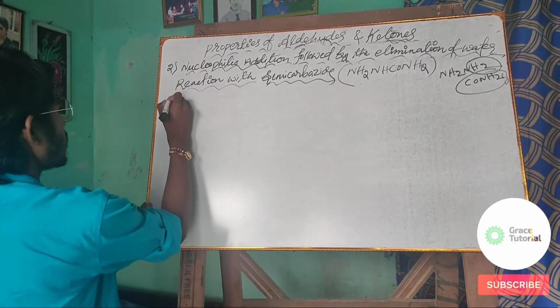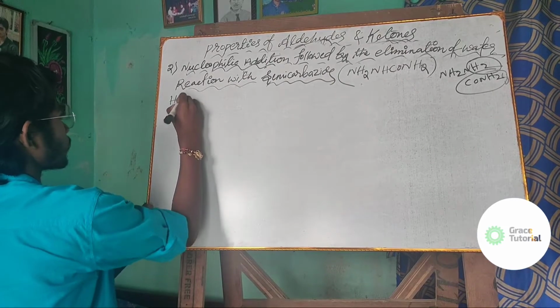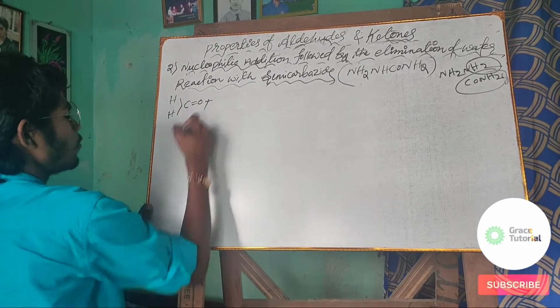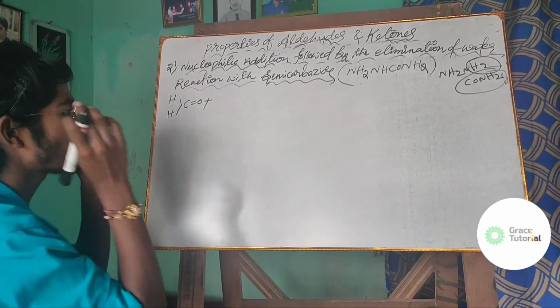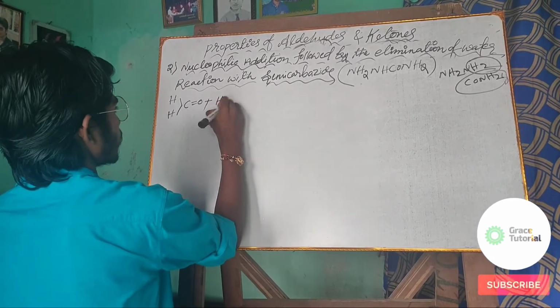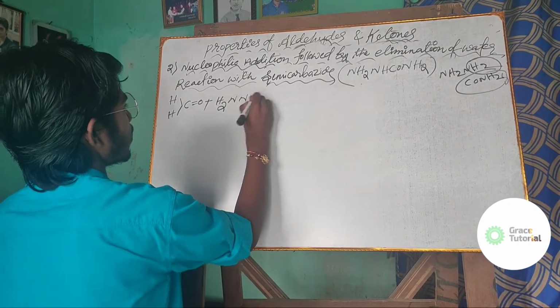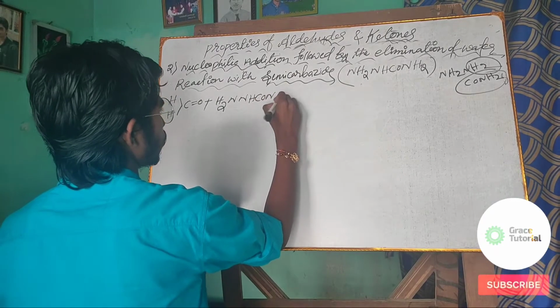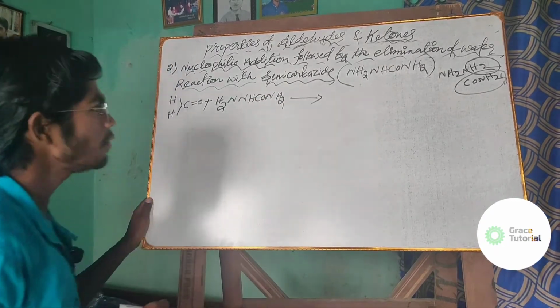Well, suppose I have formaldehyde. When this formaldehyde reacts with semicarbazide, H2N NH CONH2, what does it give?